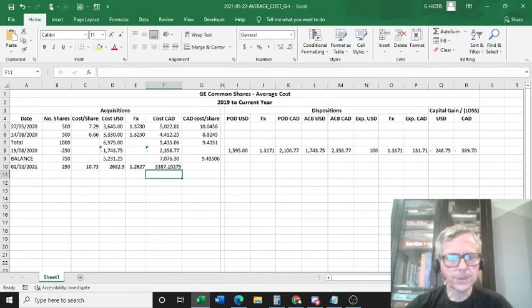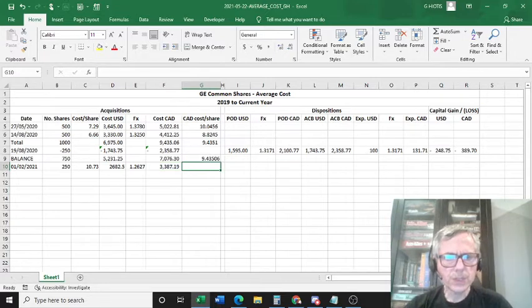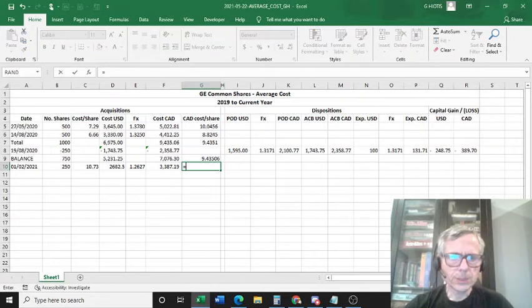And now the new average cost, we should format this to 2 decimal places, and this should be at least 4. Cost per share is equal to my total cost Canadian divided by 250.